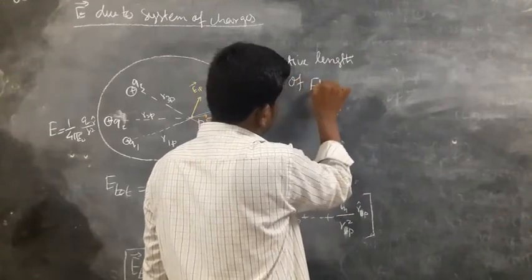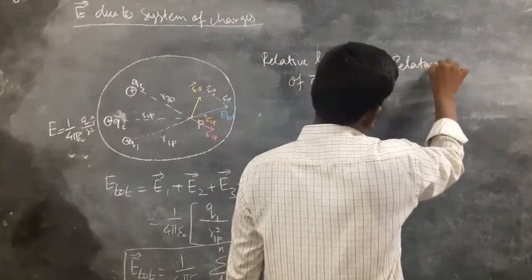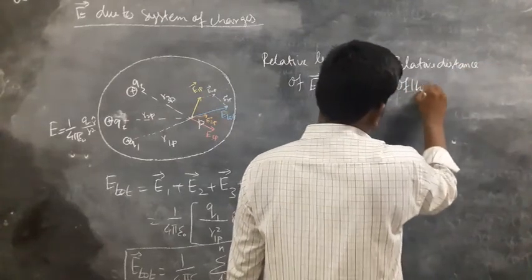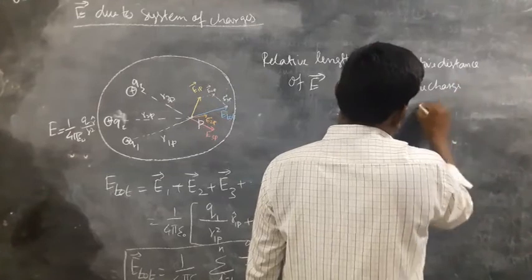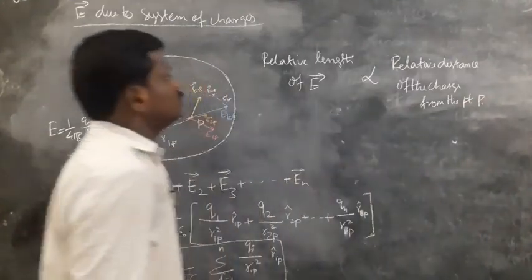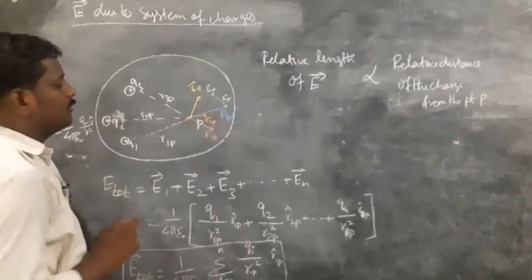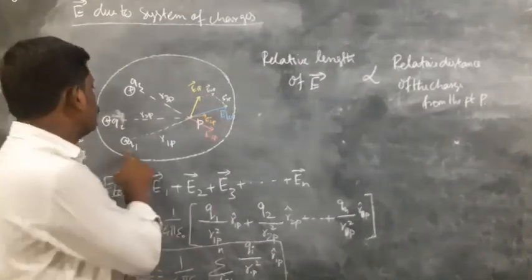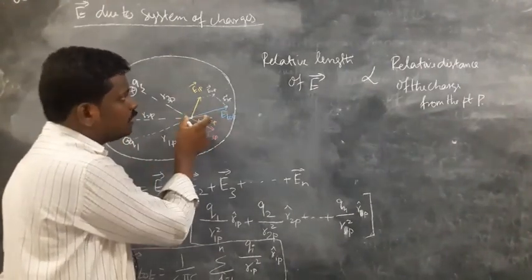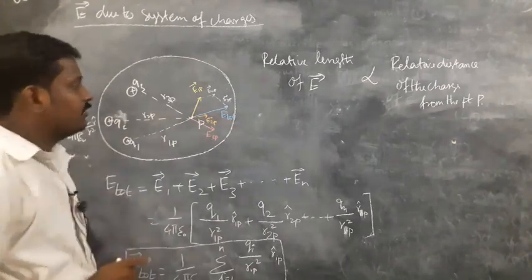The length of the electric field vector is directly proportional to the relative distance of the charge from the point P. So see, Q1 and Q3 have a maximum length compared to Q2 because Q1 and Q3 are somewhat nearer to the point P. But Q2 has a small length of electric field vector because Q2 is somewhat further away from the point P.